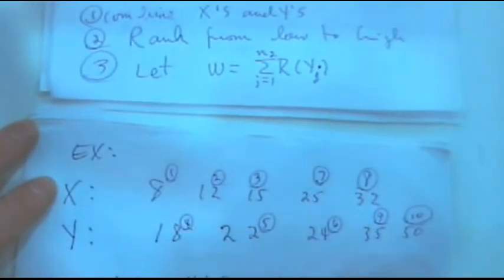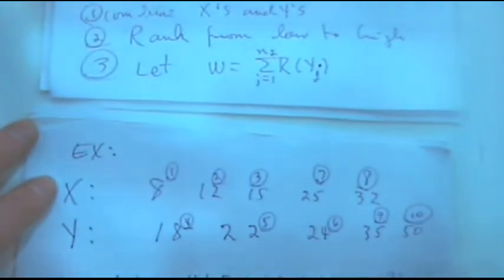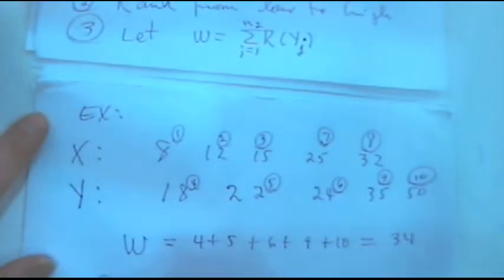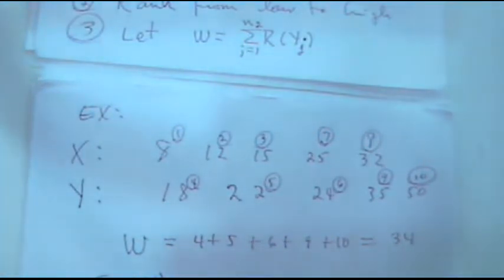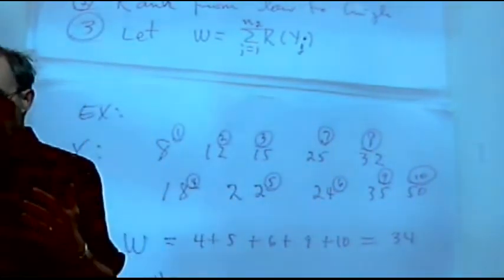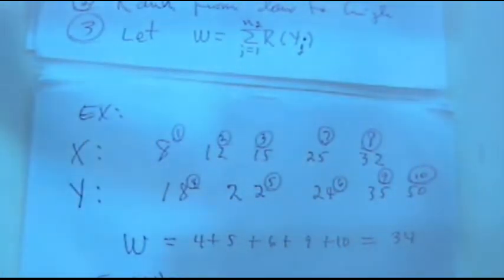I'm writing this thing down. And then what do you expect W to be under H0? Well, you combine the data and rank them, right? The average rank would be n plus 1 over 2, where n is the sum of the sample sizes. And then how many y's do you have?